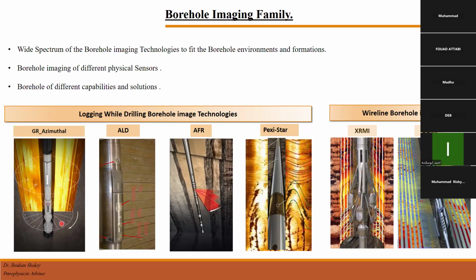So we go to the second class in the LWD group, which is the azimuthal density tool. This tool produces three types of images: the photoelectric image, density image, and standoff image.